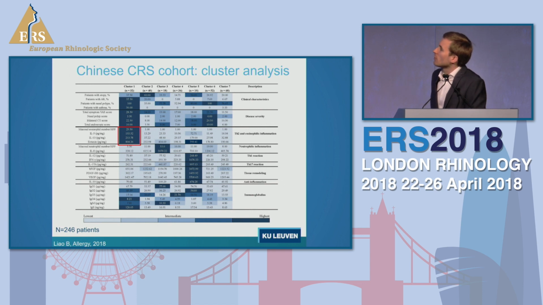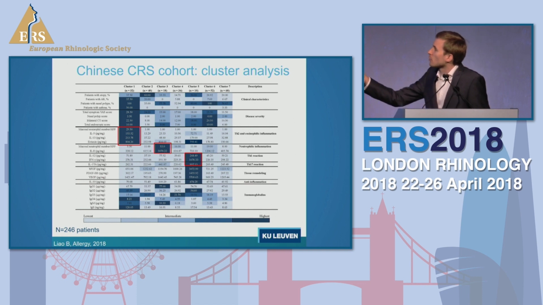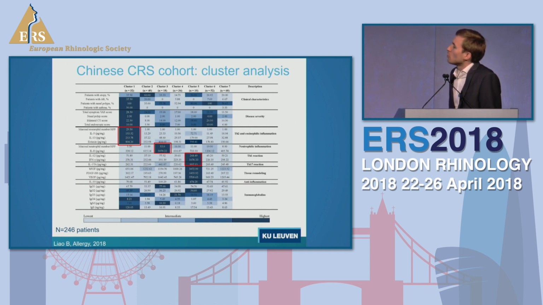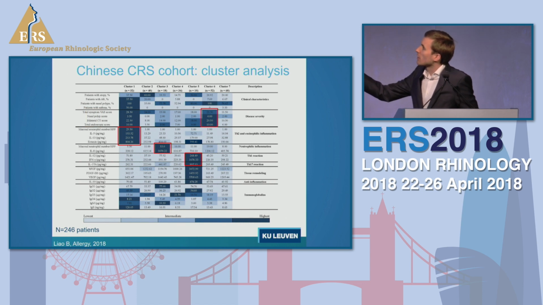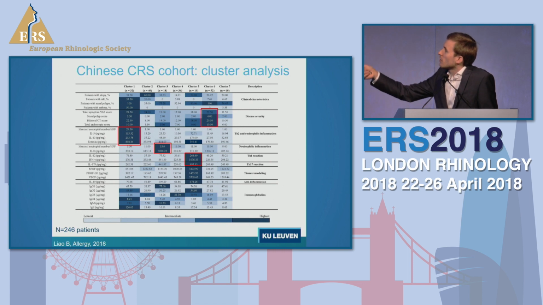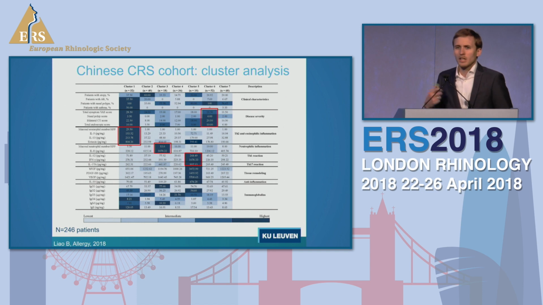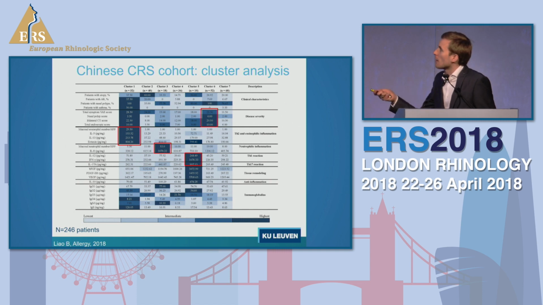And in this way you see here that we have type 2 endotype, we have non-type 2 endotype, but we also have a group of patients which have very severe disease, so high nasal polyp scores, but in which this type 2 or non-type 2 disease is absent. So we still need to further, or try to further understand what is happening in these very severe patients.